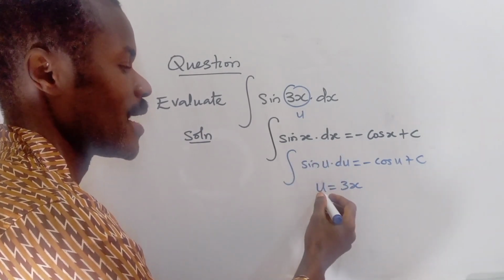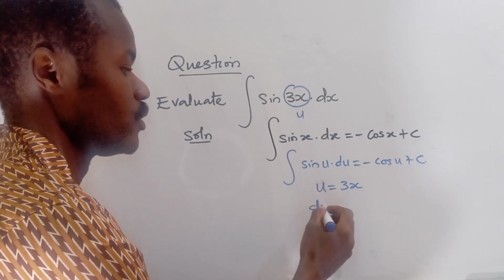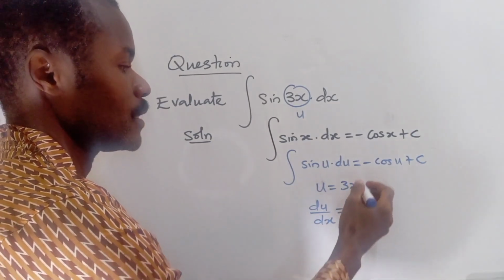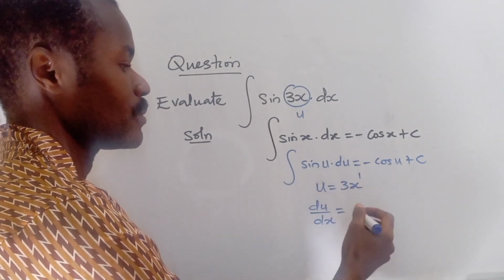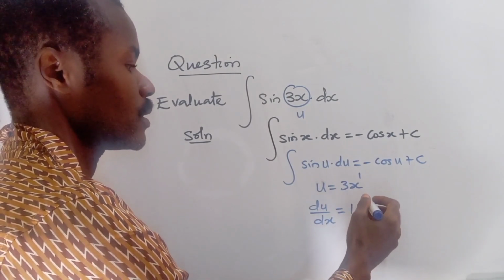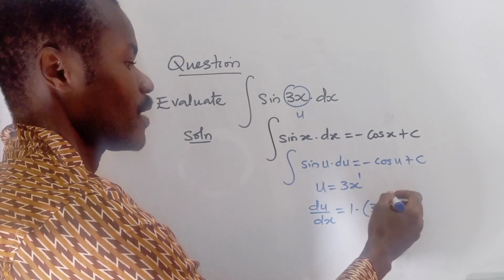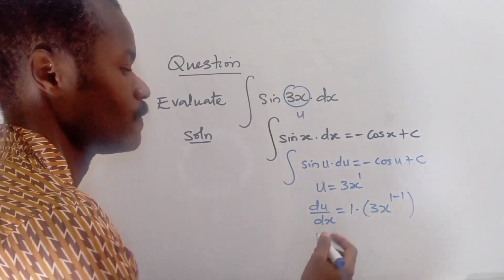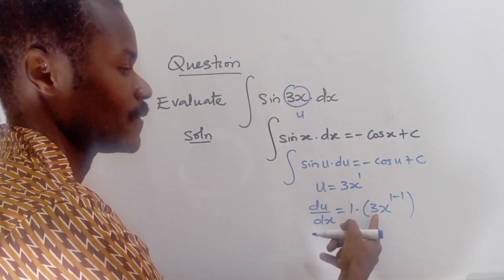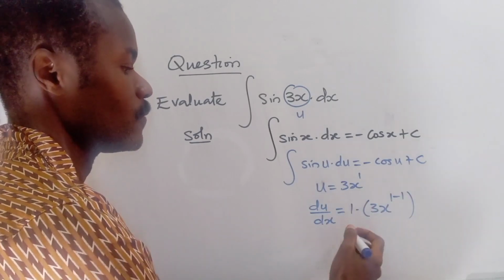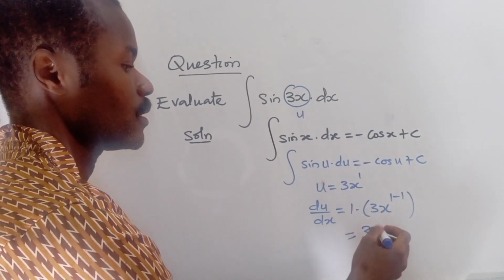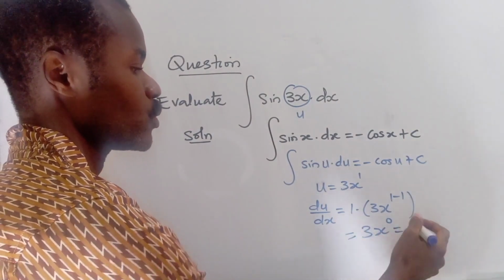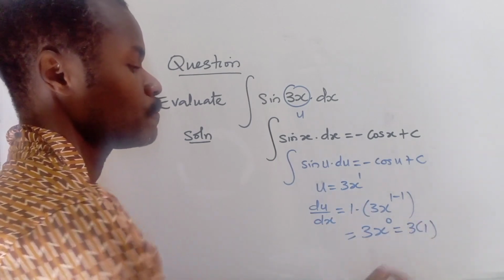So we are going to have du over dx, which is 3x to the power of 1, so 1 times 3, with x to the power of 1 minus 1. So 1 times 3 is 3, and x to the power of 0 gives us 3x to the power of 0, which is like saying 3 times 1.